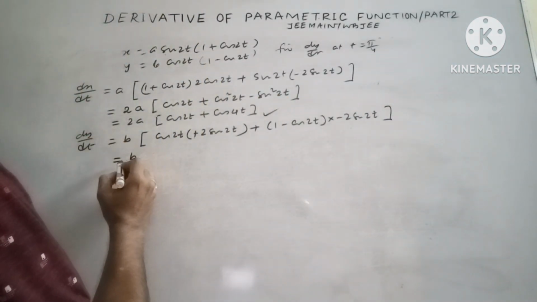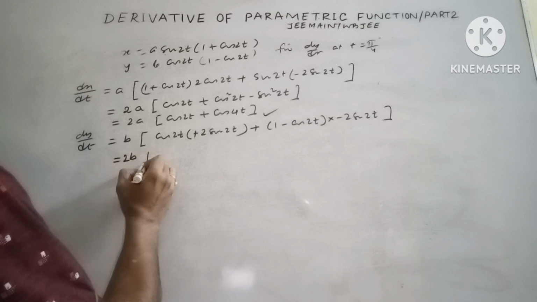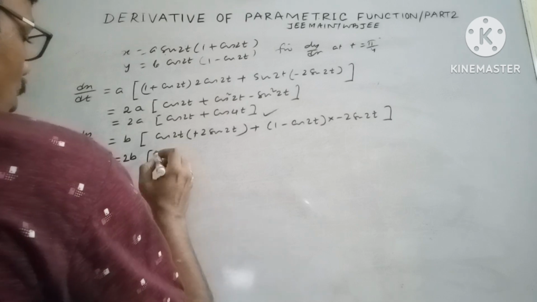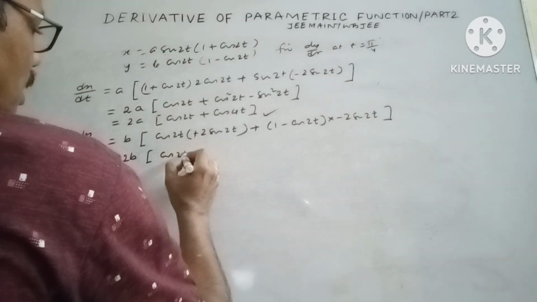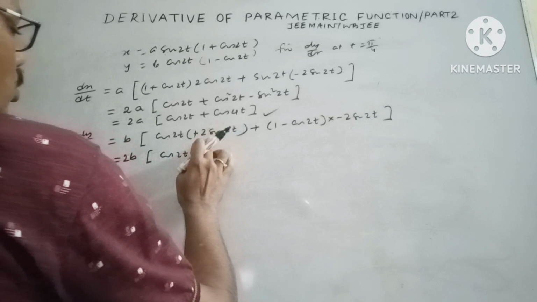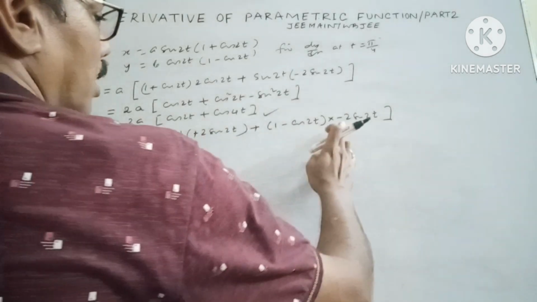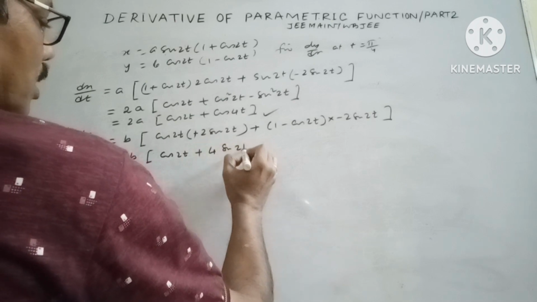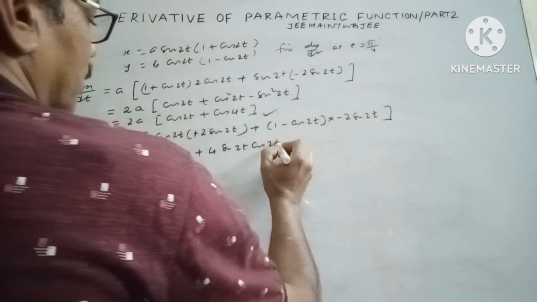So b to be outside. So cos 2t plus 2 sin 2t cos 2t. Here also minus minus plus. So 4 sin 2t cos 2t.